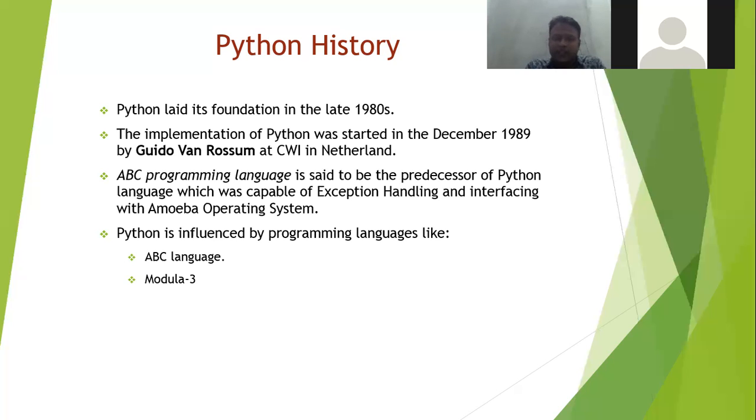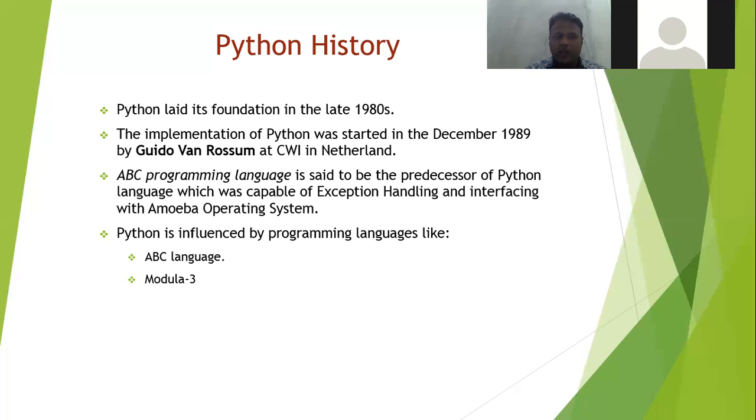Monty Python is a comedy show telecast on television. Guido was very much a fan of that show, so for that reason Guido gave that name to the programming language.